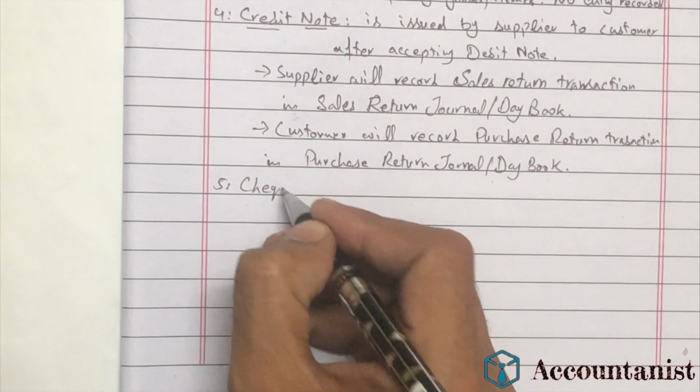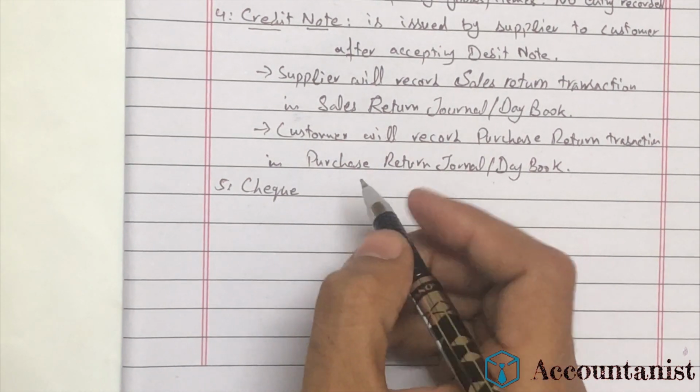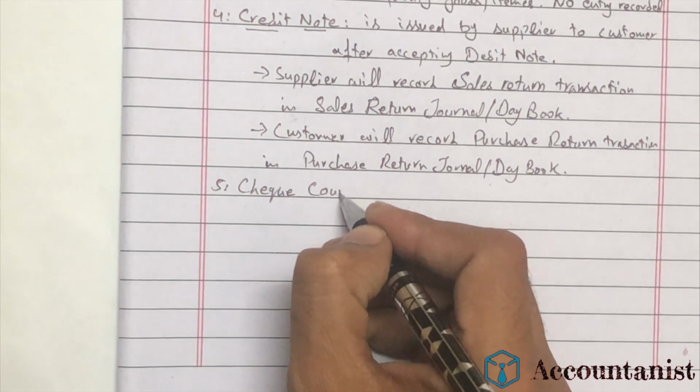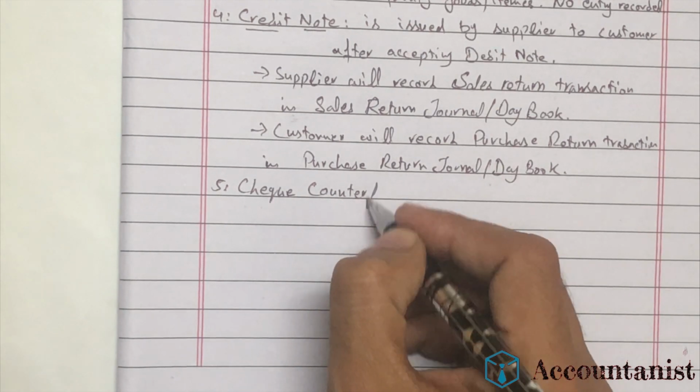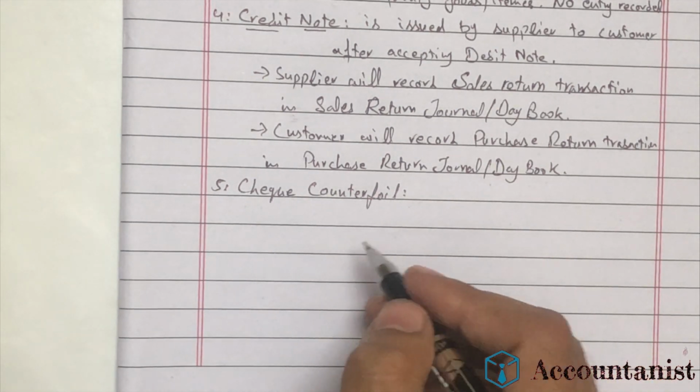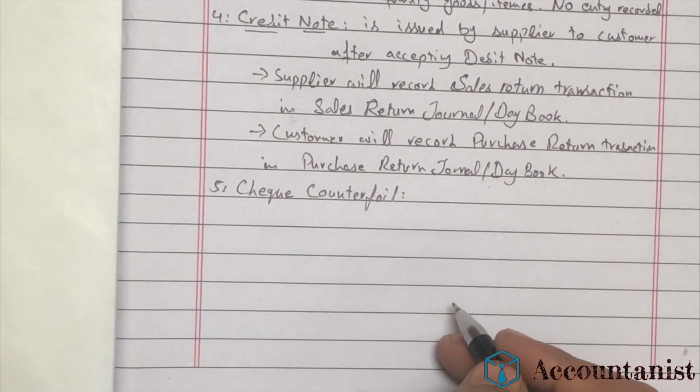So the next document that we have is the cheque counterfoil. We know that there is a cheque that we usually make to make some payment to anyone.